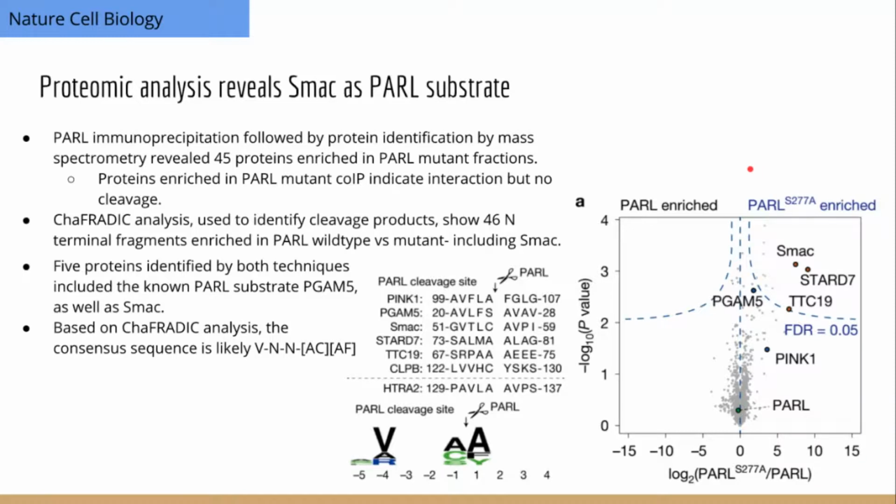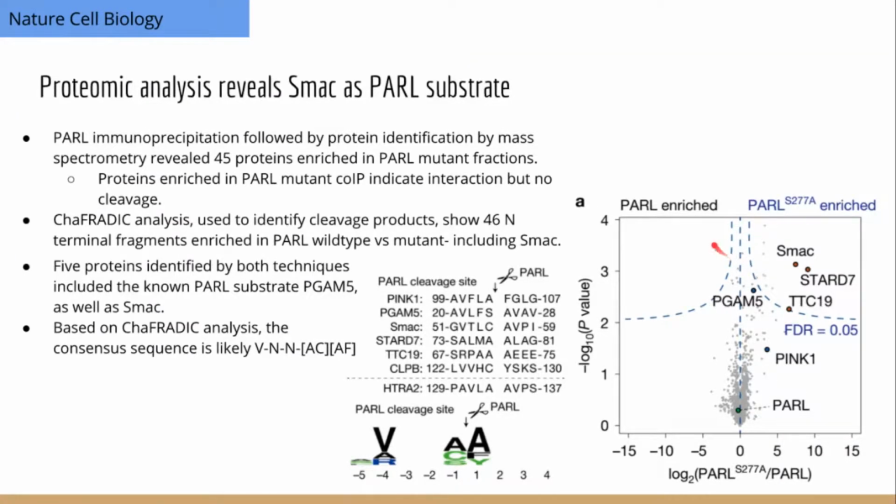And they found 45 proteins enriched in the PARL mutant cells, suggesting these proteins were binding PARL, but since the catalytic activity of PARL was inactivated by mutation, they simply remained associated with PARL.